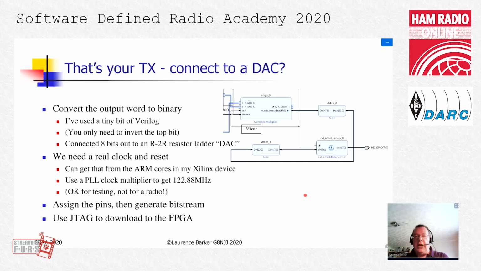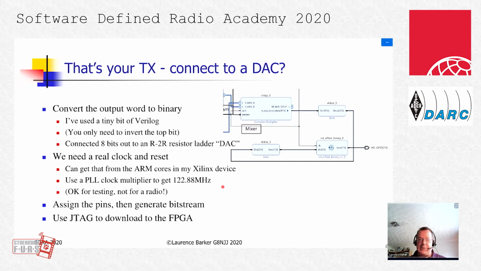Well, you can get those from the ARM cores in the Xilinx Zynq devices. The ARM cores give out a 100 megahertz clock signal, and I've used a PLL clock multiplier to increase that to 122.88 megahertz. It's all right for testing. It wouldn't be any good for a radio because it's got way too much jitter.